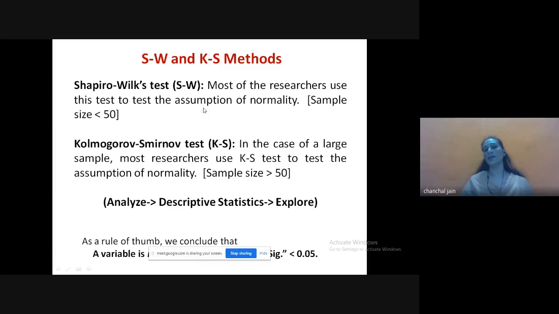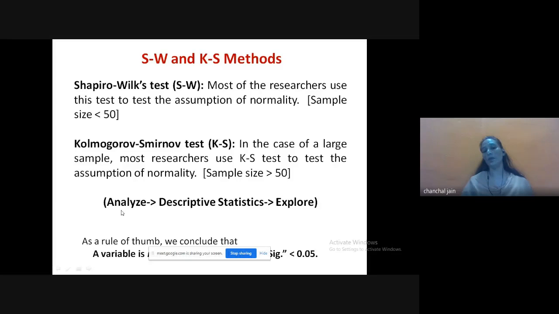Some say the Shapiro-Wilk test can deal with sample sizes up to 2000, and generally it is the KS test that is used for the larger sample size, but this is the opinion of different researchers. I have seen so many papers, and on the basis of that, I have written here the sample sizes, which you can see here. For the SW test, the sample size can be less than 50. For KS, the sample size should be greater than 50.